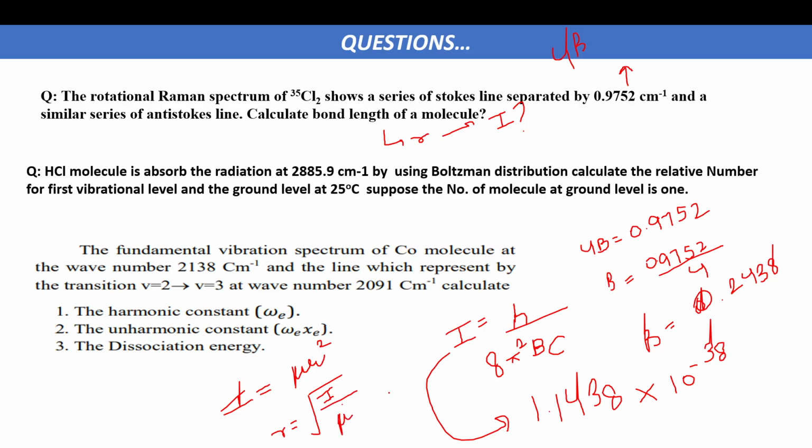Meanwhile calculate mu for the chlorine. See, for the Cl2, we know for Cl it will be 35.5 as your mass. So calculate 35.5 into 35.5 upon 35.5 plus 35.5.